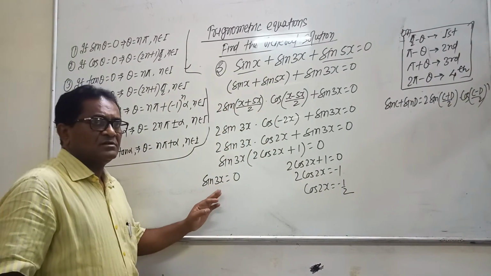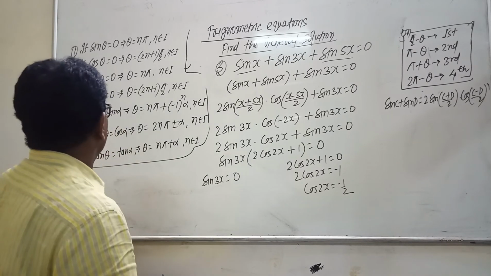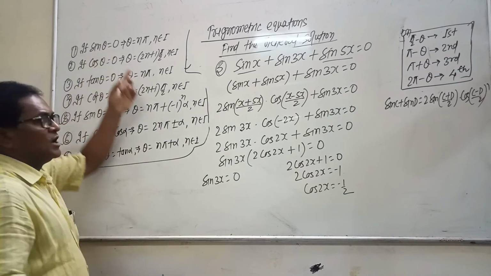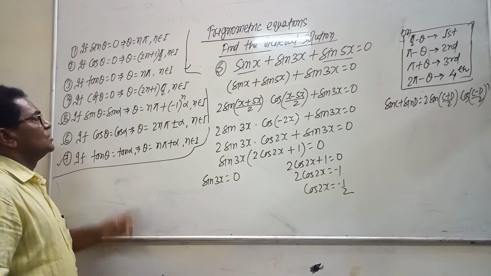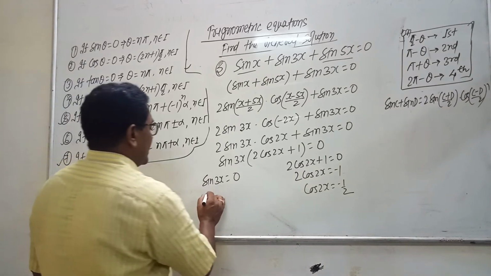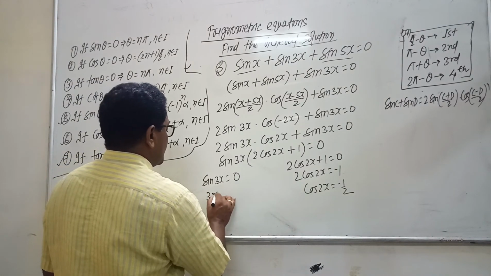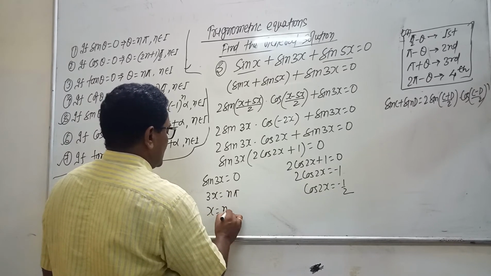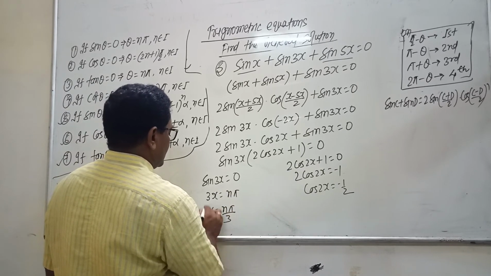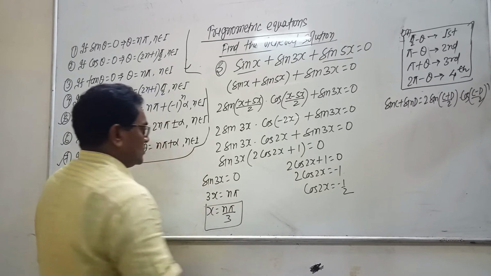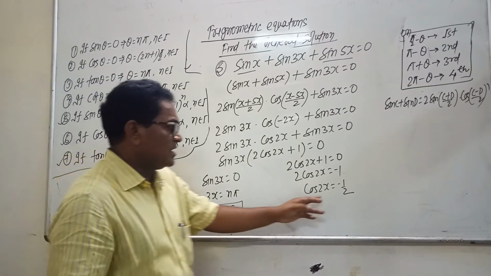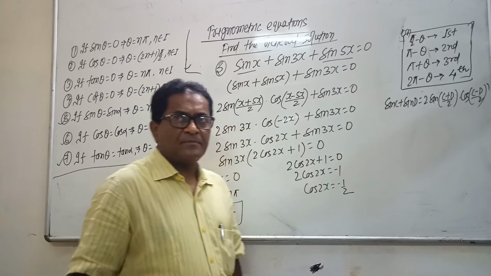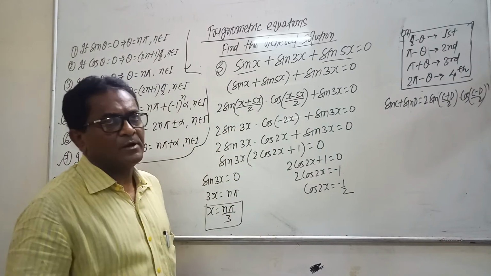In sin 3x equals 0, we use the first formula: sin theta equals 0, then theta equals n pi. So 3x equals n pi and x equals n pi by 3. So this is the general solution, and from here we will have to find its principal value.